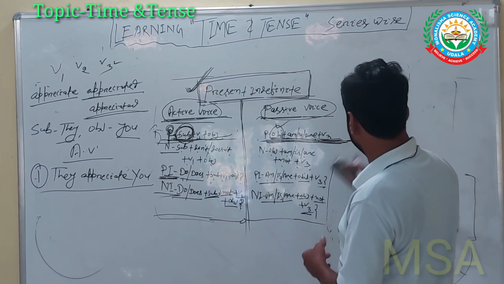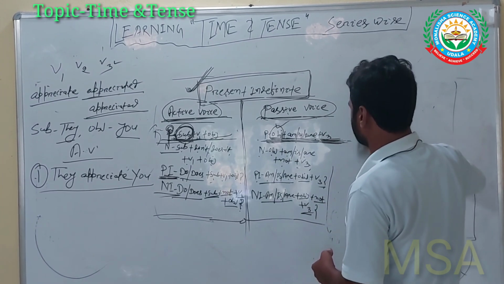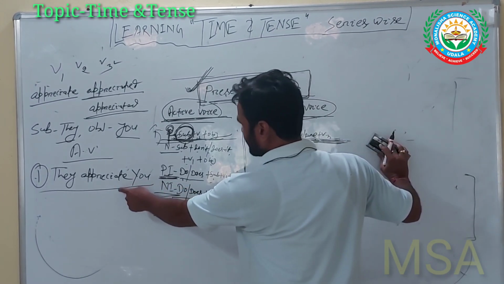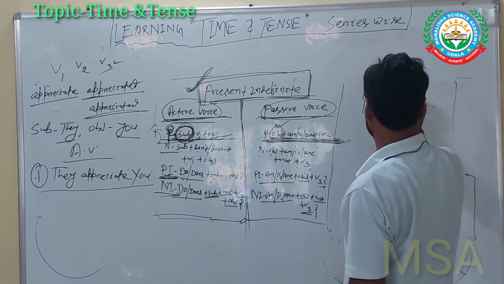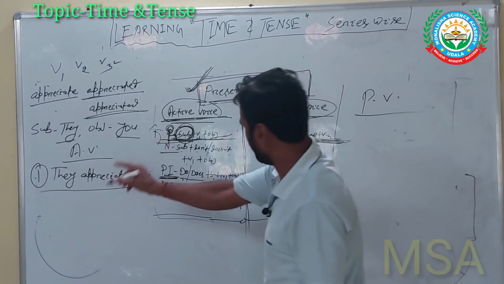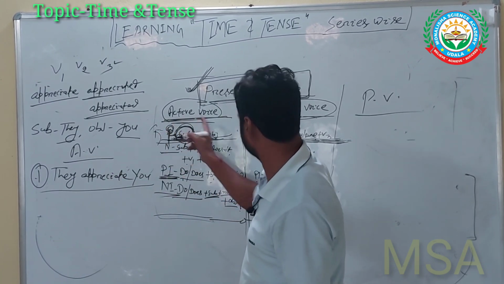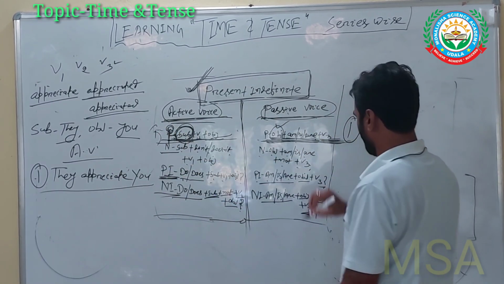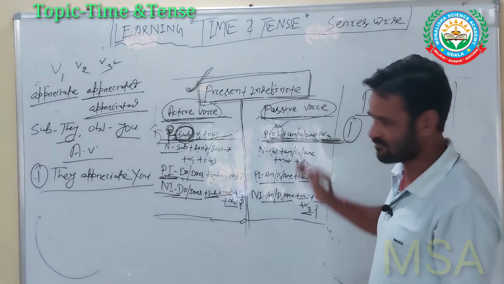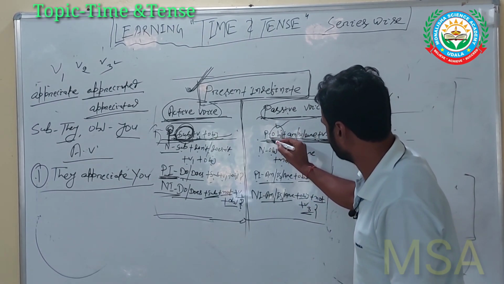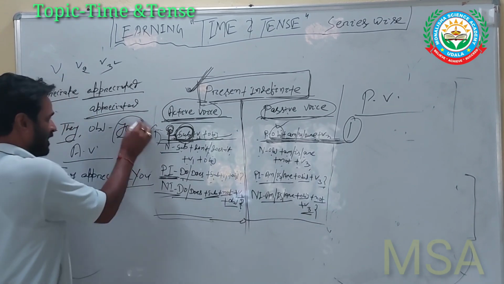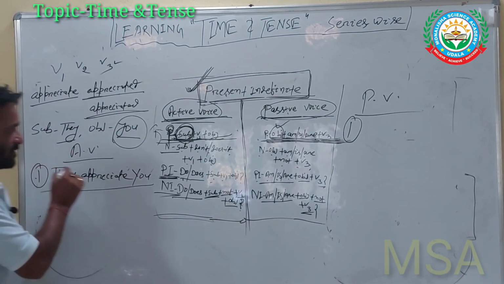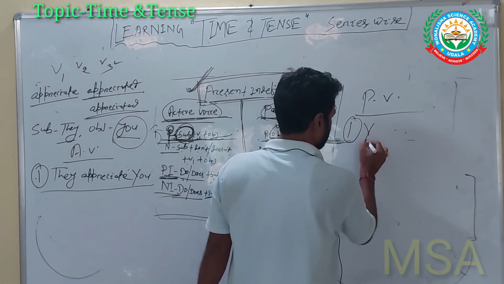Next let's make the passive voice of this sentence. This is the active voice and here is the passive voice. First comes the object. We know the object is you, so we write you first.